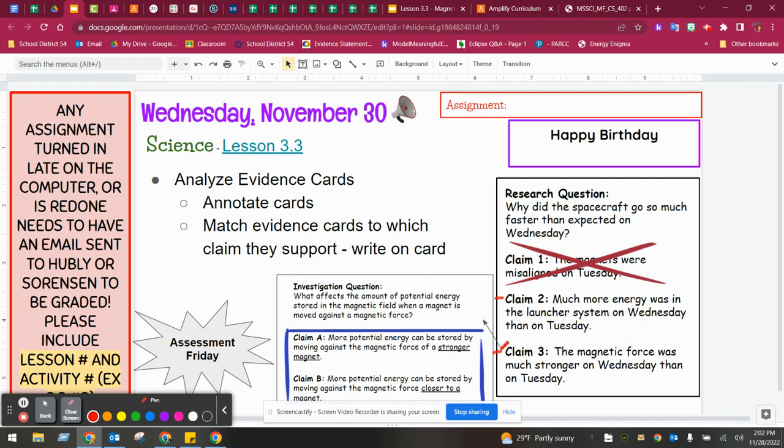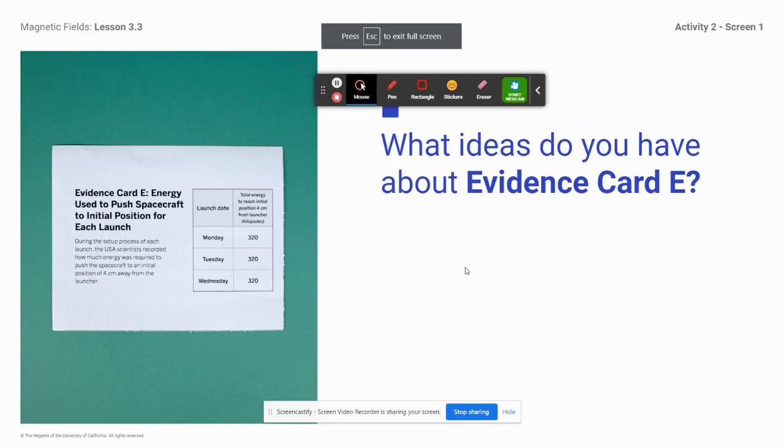And then we have 3, both A and B, that the magnetic force was stronger on Wednesday because claim A, more potential energy can be stored by moving it against a stronger magnet. Or claim B, more potential stored because we're getting closer to a magnet. So as we look at our card here, we're trying to decide whether or not it is supporting claim 2, claim 3A, or claim 3B.